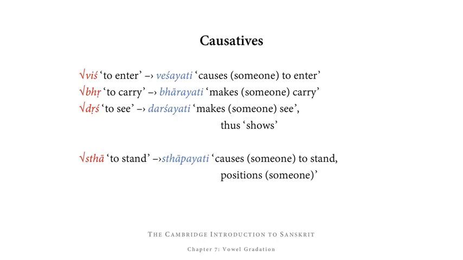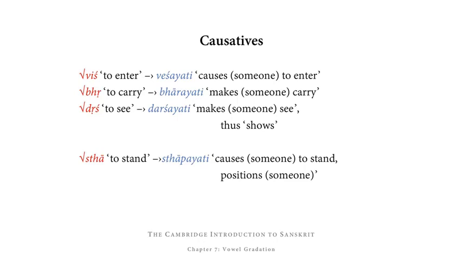A root bhr, to carry, has a causative bharayati, he makes someone carry. The root drish, to see, which has a normal present tense form pashyati, has a causative darshayati, which means he makes someone see something, therefore he shows someone something.